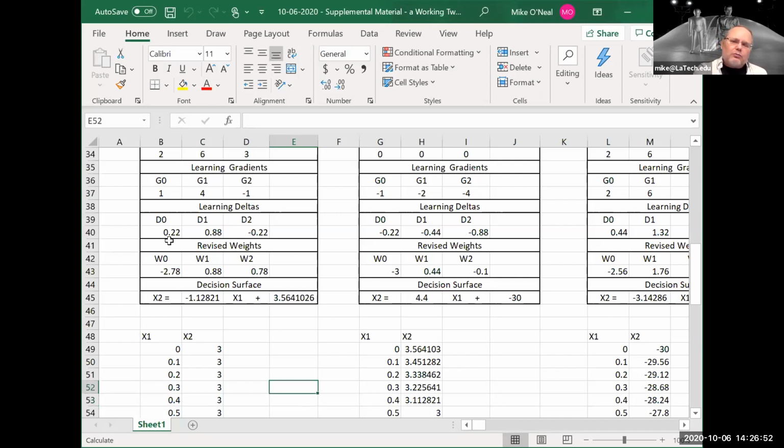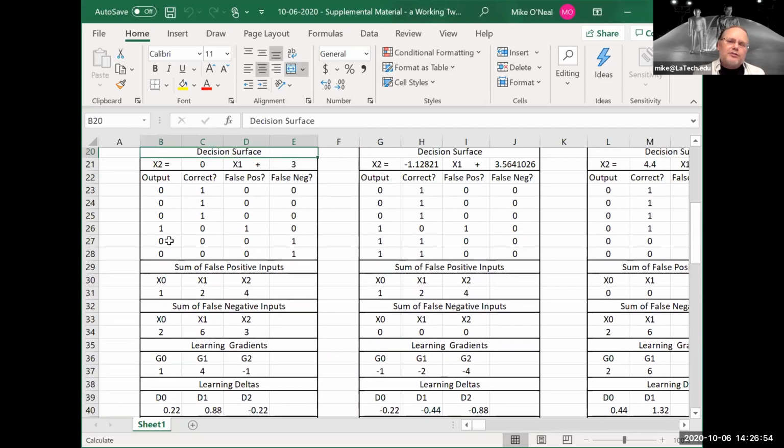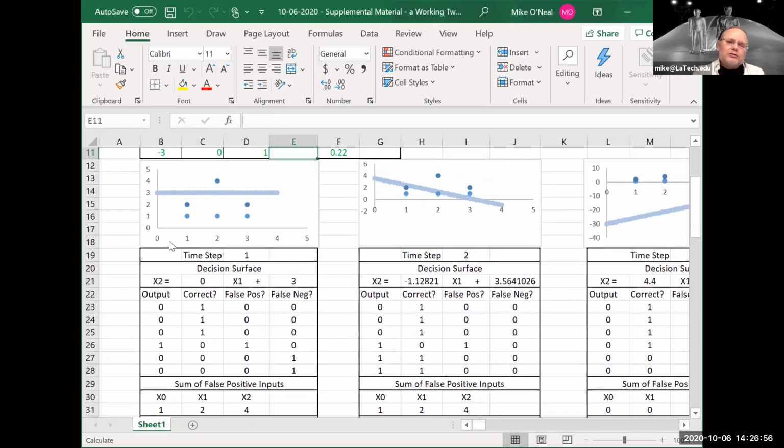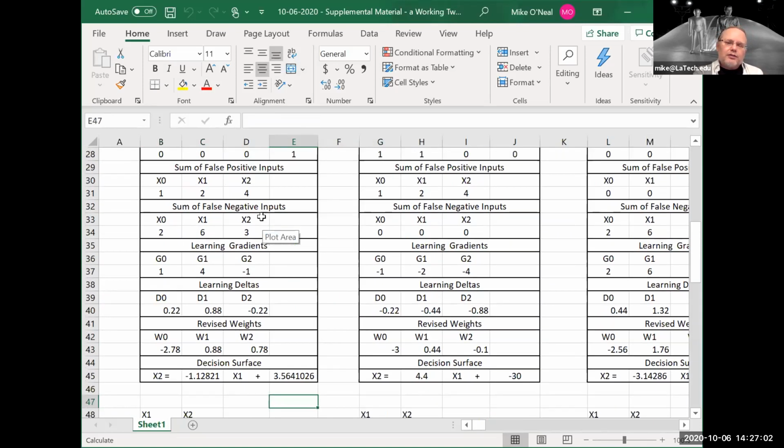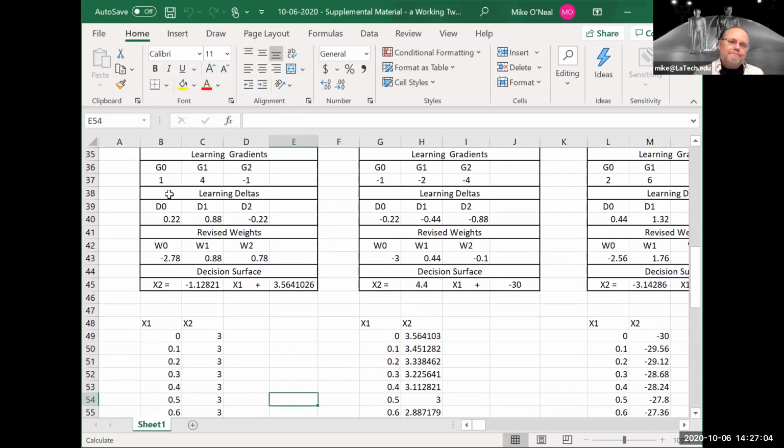What were our original weights? Well, our original weights were -3, 0, 1. Okay, so -3 plus 0.22 is -2.78.